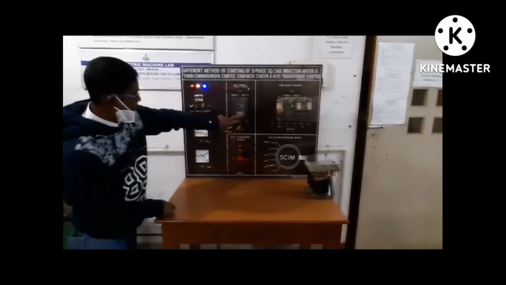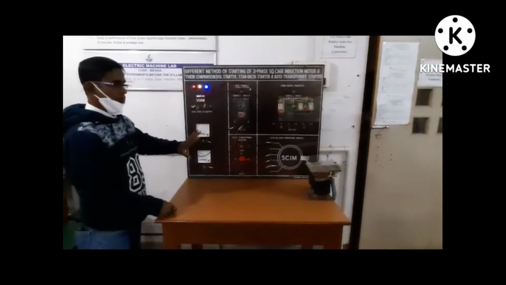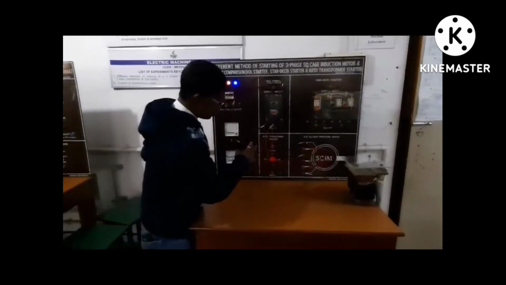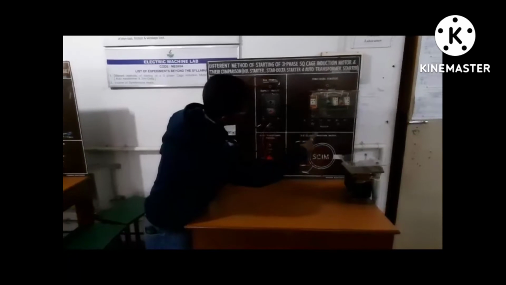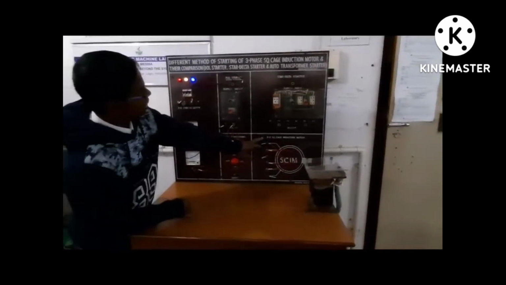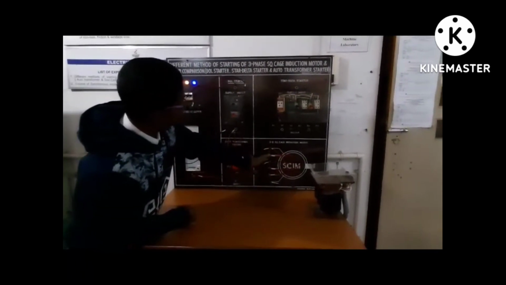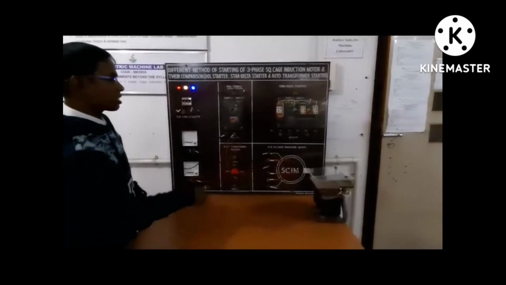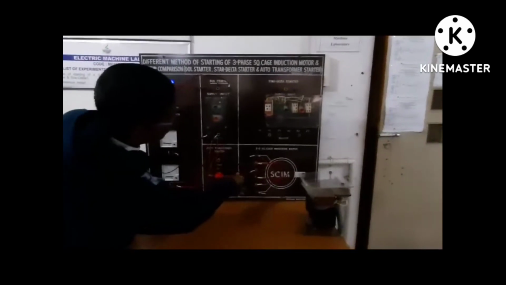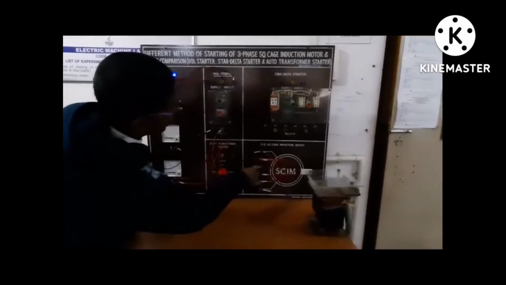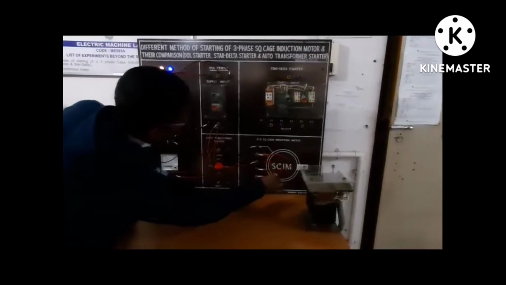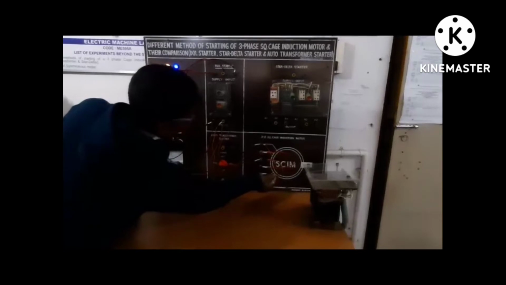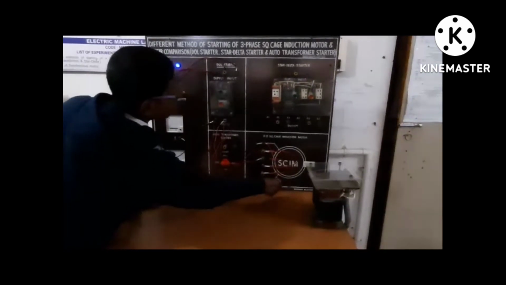Now switch off. Switch on the main power supply again, and now I have connected the motor in delta. In delta, these are A1, B1, C1 and A2, B2, C2. In your exercise book, A2 is connected to B1, B2 is connected to C1 and C2 is connected to A1.